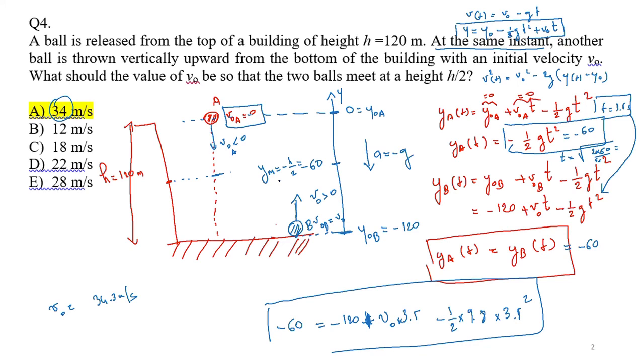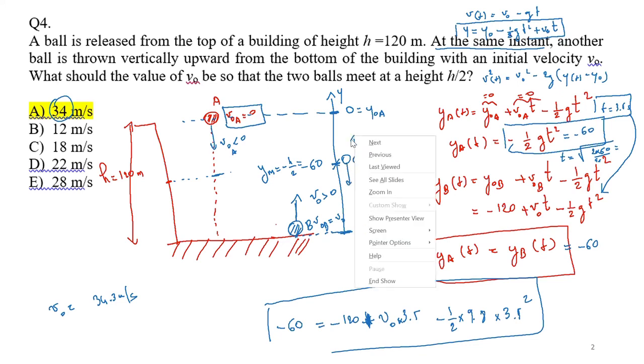But be careful, because when I was giving you this problem, I'm aware of that. So here, what I'm telling you is this. When they meet, both of them are here. Do you agree with me? Ball A is here and ball B. Ball A is moving downward and ball B is moving upward.